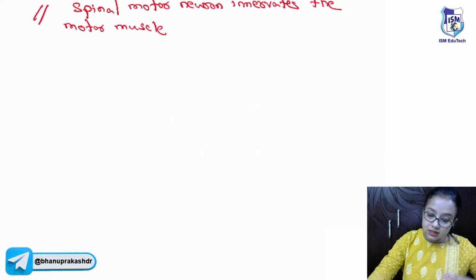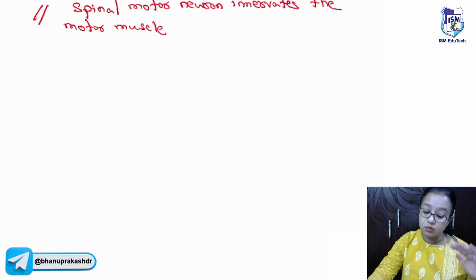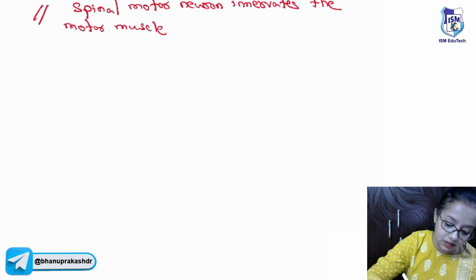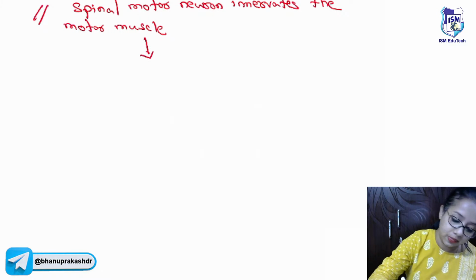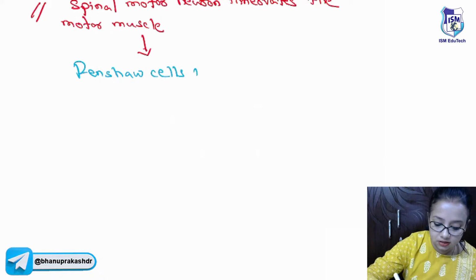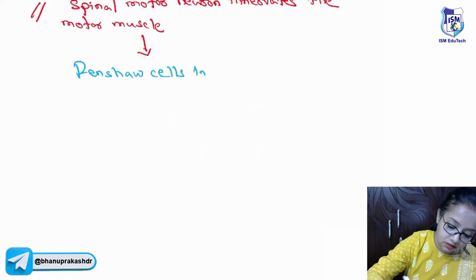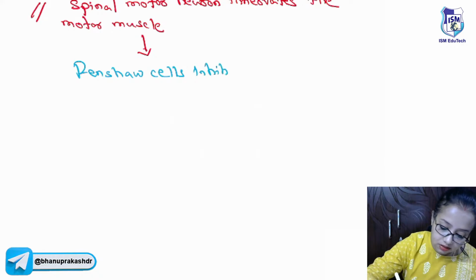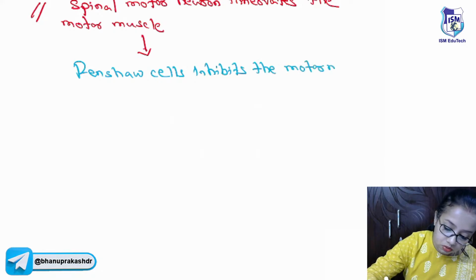So once there is firing from this motor neuron and contraction, immediately the Renshaw cells inhibit the motor neuron.